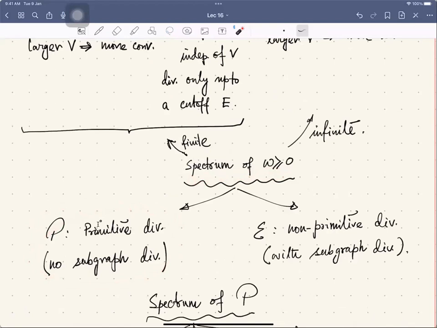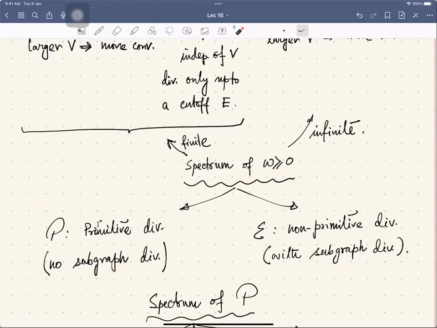But that's not the case for curly E, because in curly E, the divergence can come from a subgraph, and in fact should come from a subgraph. That means there are other parts of the graph, and if you add more structure to the graph, if you pick one element from here, which becomes a subgraph in a more complicated graph, that does not change the value of omega in the negative direction.